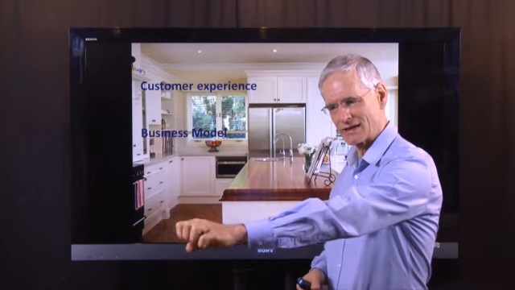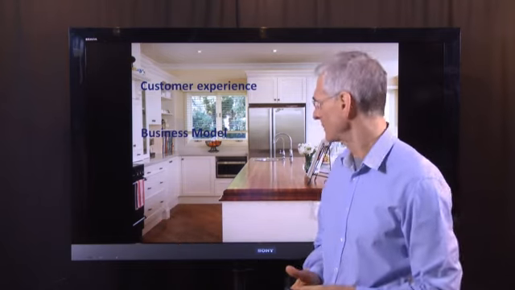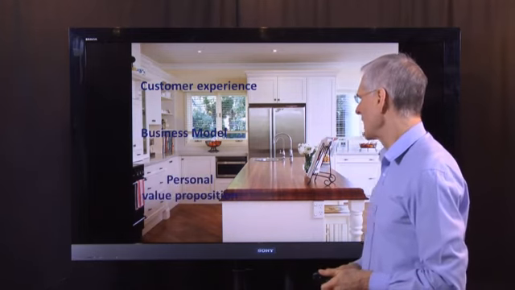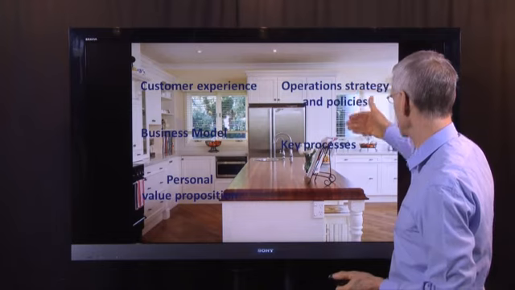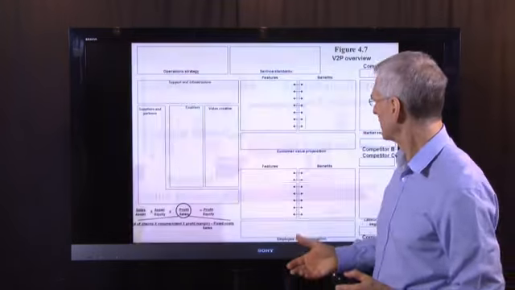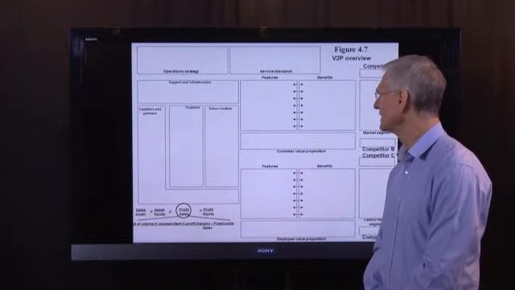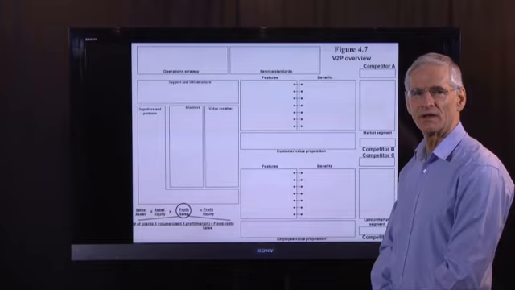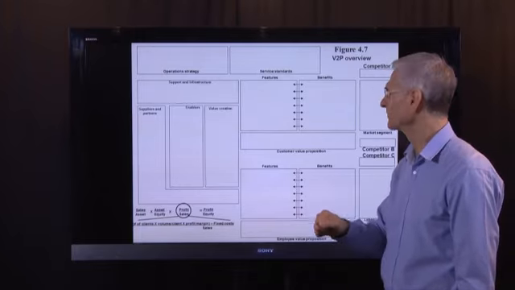And how do we capture that value for profits? Very simply, the personal value proposition, operation strategy, key processes, and voice of customer. Of course, the form presented here, which you will find in the book as well, will help you do so, to actually spell it out.